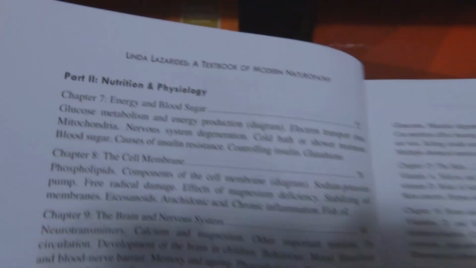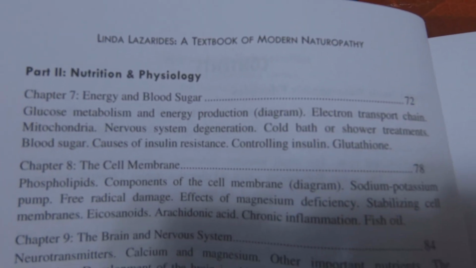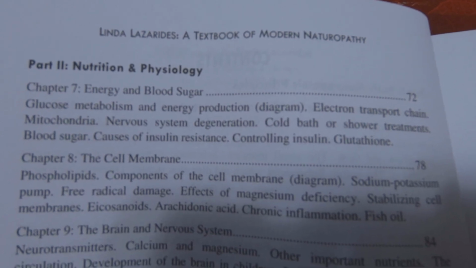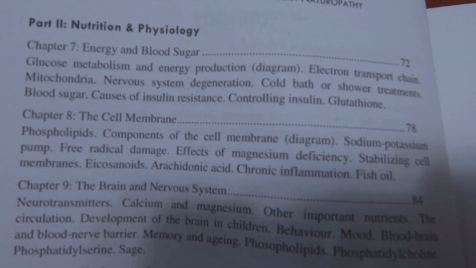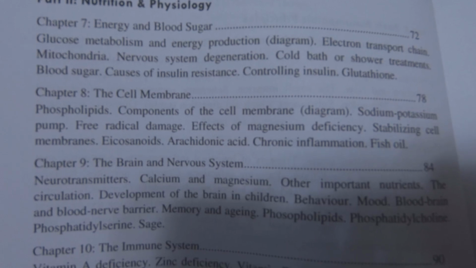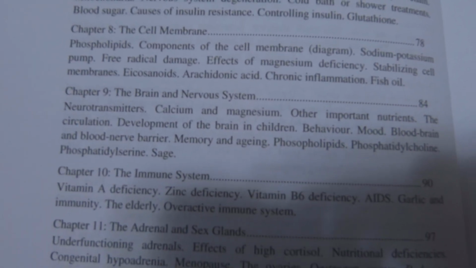Flipping the page over. Chapter 7, energy and blood sugar, glucose, metabolism, and energy production. Next we have chapter 8, the cell membrane. Chapter 9, the brain and nervous system.